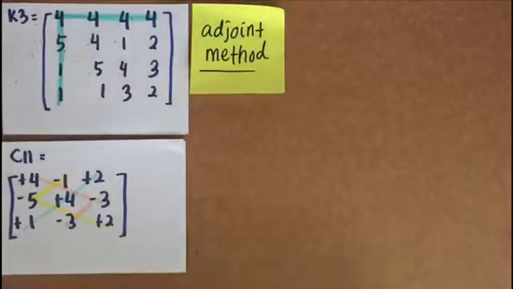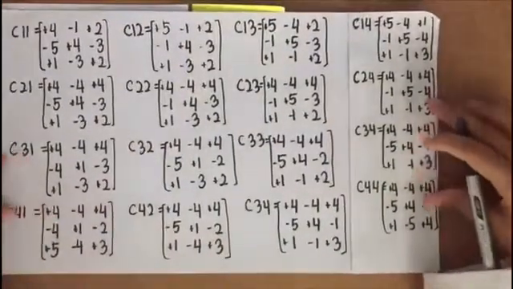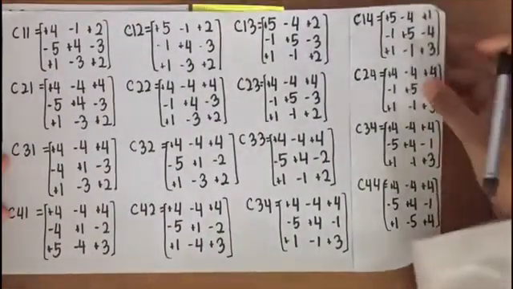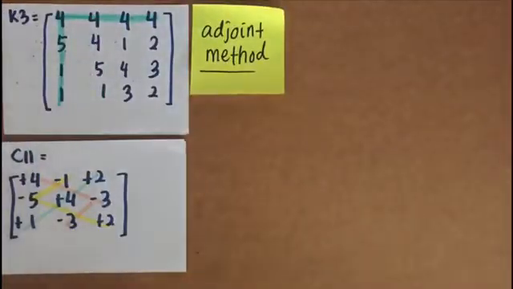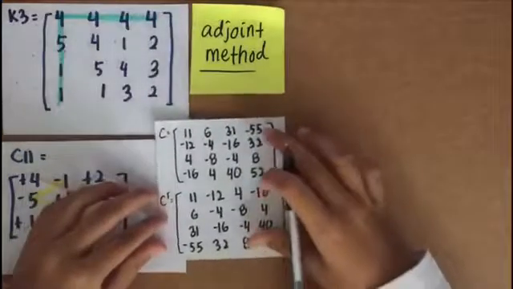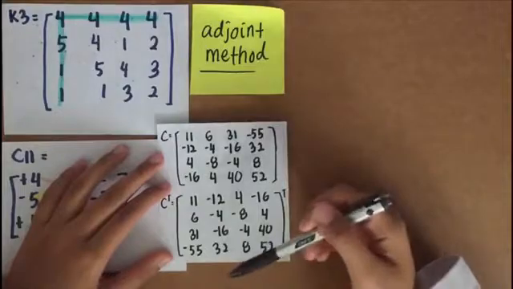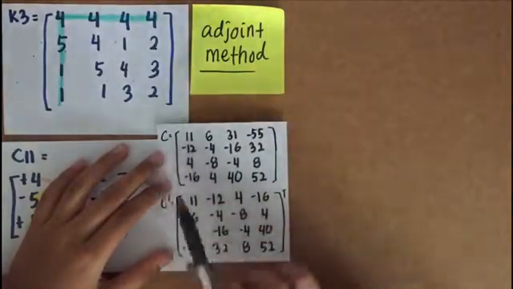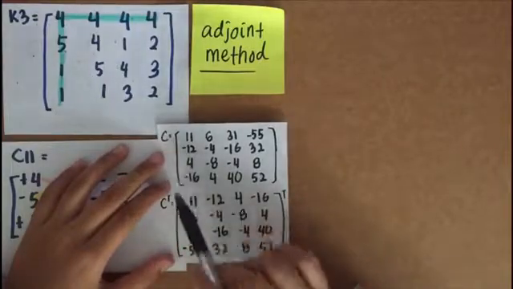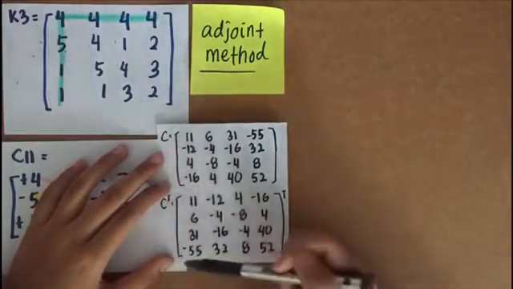After you calculate all the cofactors for each number, you should get this pattern. And after you calculate the determinant for each cofactor, you should get this value. Since adjoint of K is equal to the cofactor transpose, we should change the cofactor to the cofactor transpose.